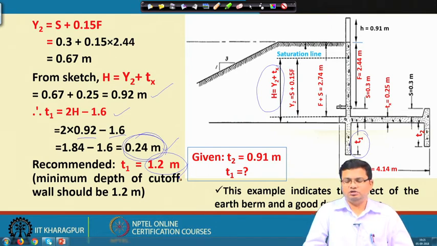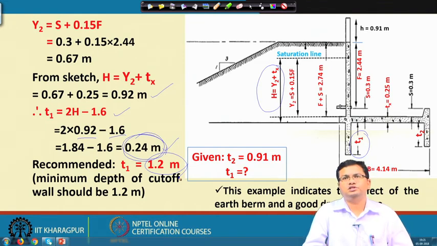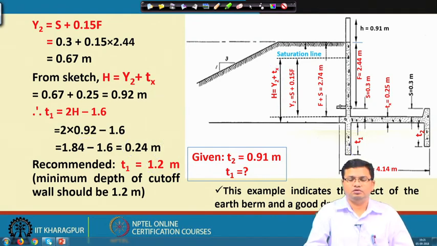So, this example shows the effect of different conditions, earthworm and drainage. It can be drainage condition A, it can be drainage condition B, and it can be no flow, and because of that the cut-off wall depth is changing, or it can be optimized so that there will not be any piping failure.